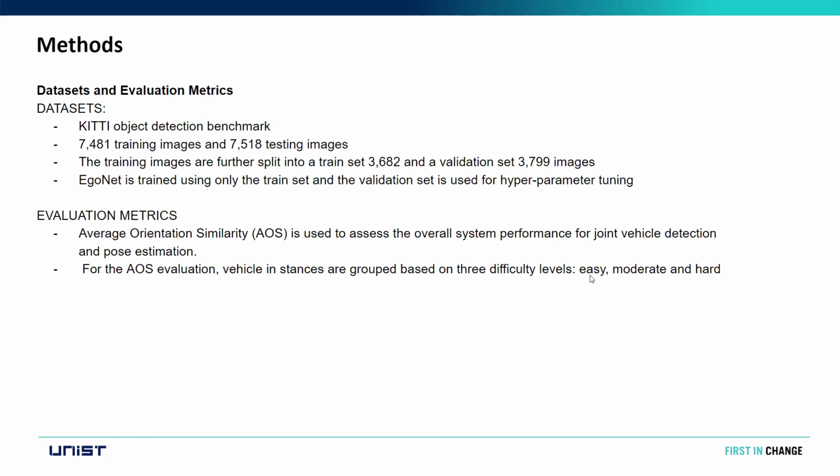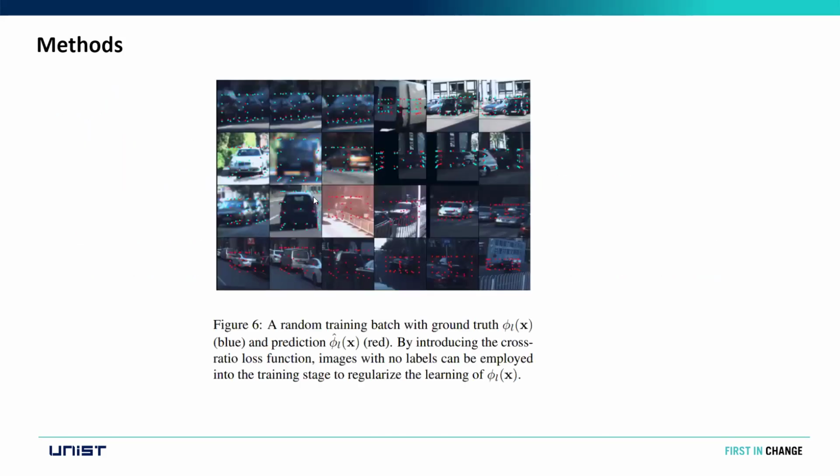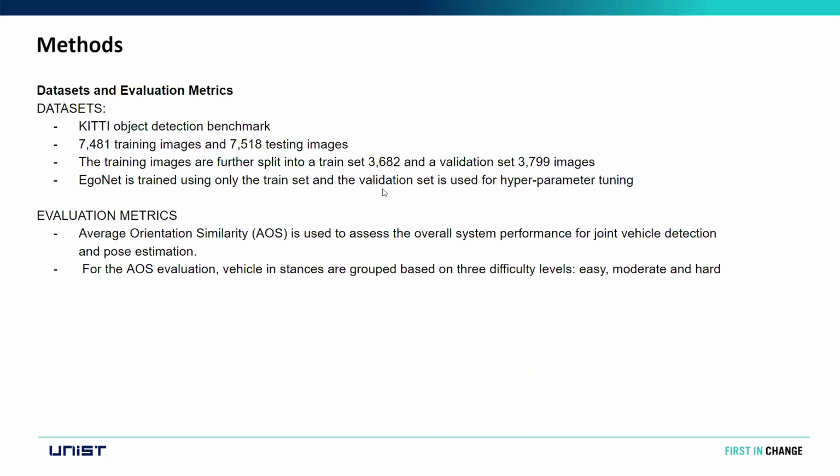Easy is the instance that is closer and not occluded, moderate is a little bit far or sometimes occluded, and the hard one is usually the instance that is very far or occluded by other cars. So this one is probably easy because it's not occluded, but this car behind it is maybe moderate because it's partially occluded by this car. And there is no hard example here.